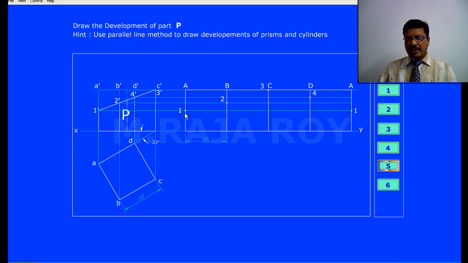Now join 1, 2, 3, 4 and 1 with lines, something like this. Then this is the part of the cube we want. So remaining portion you draw with thin lines, the required portion you draw with thick lines.